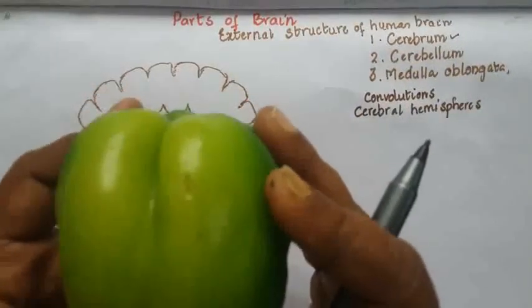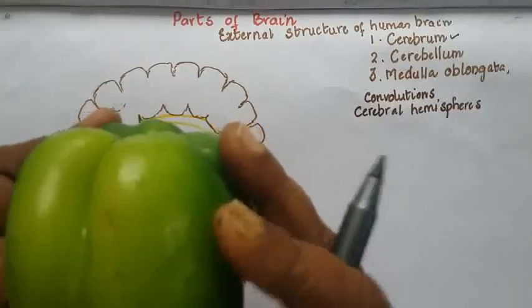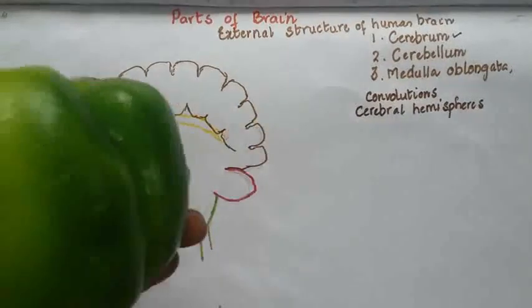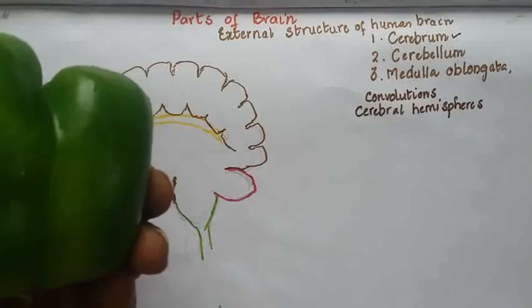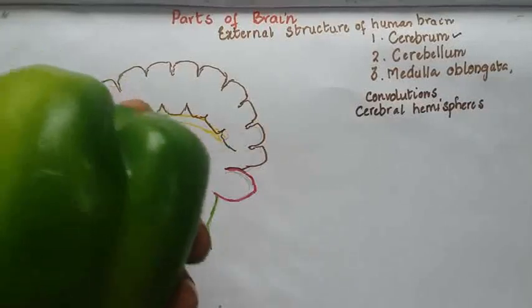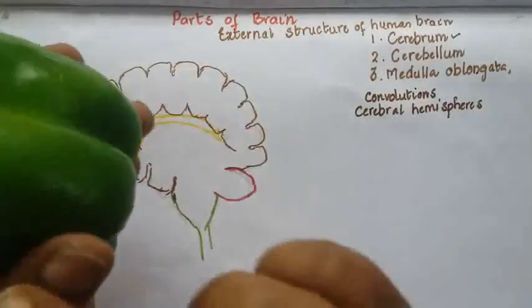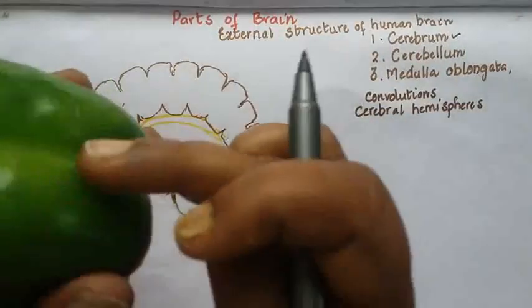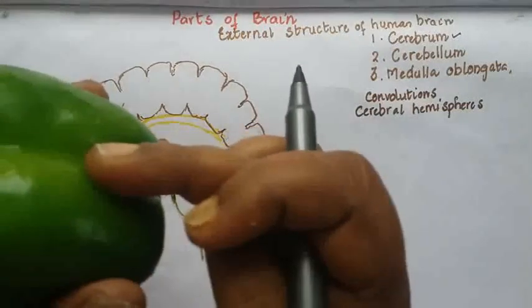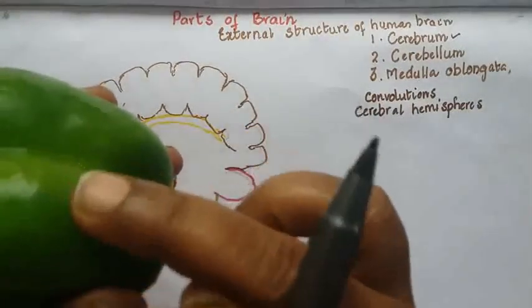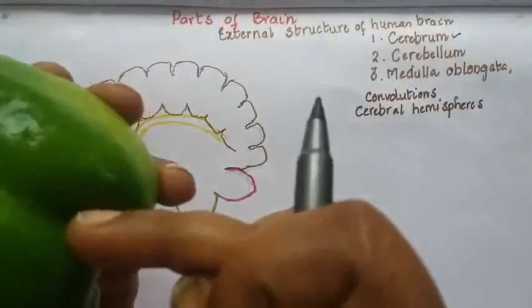This cerebrum, I said, has a number of convolutions. What do you mean by convolutions? If you look at this structure itself, there is an elevated structure. This elevated structure you can call a ridge, and you can find depressions.